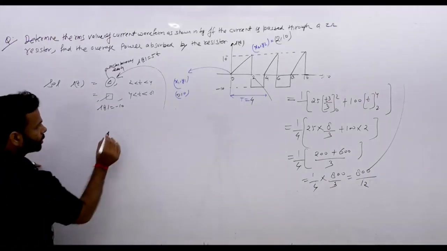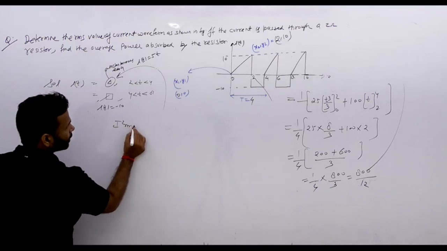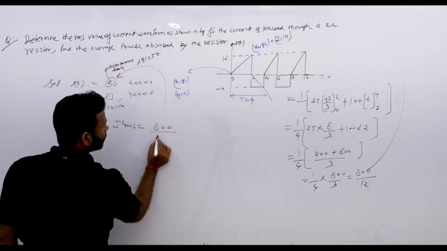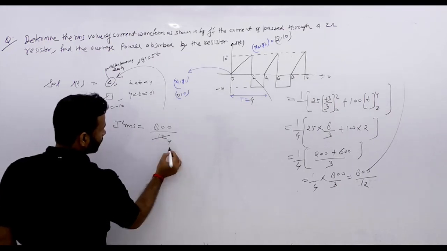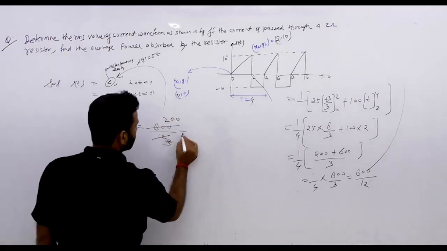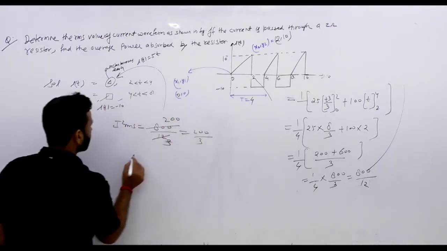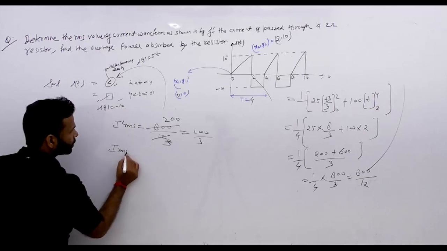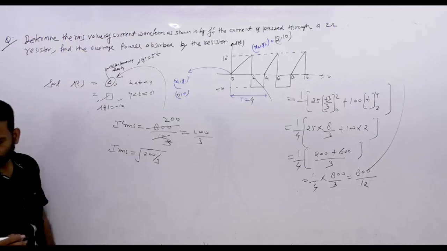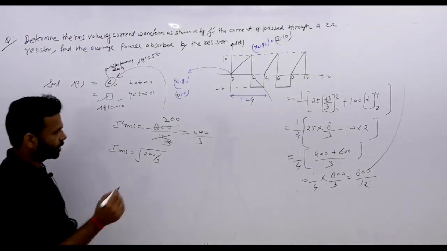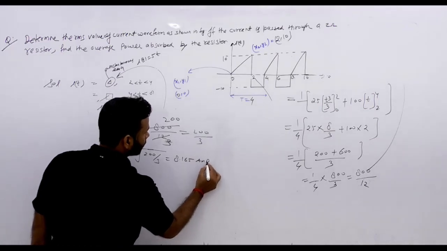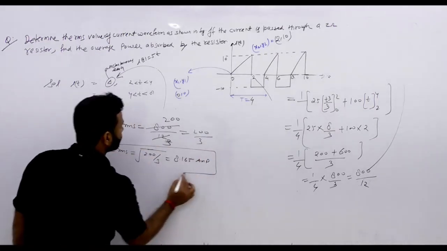If we look here, our I square RMS has come to 800 upon 12. Okay, so we divide this by 4, then it is 200 by 3. Now if you take the root of that, IRMS equals root of 200 upon 3, so it will come out to be 8.165 ampere. So this is your first part of the question.